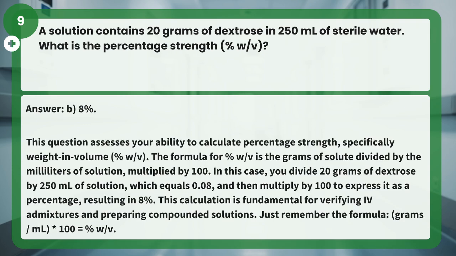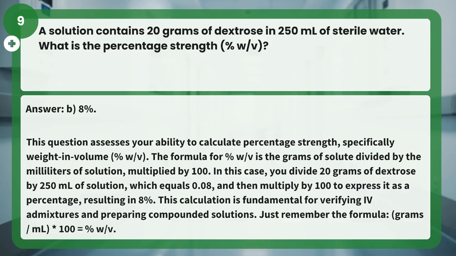Answer, B. 8%. This question assesses your ability to calculate percentage strength, specifically weight in volume, percent w/v. The formula for percent w/v is the grams of solute divided by the milliliters of solution, multiplied by 100.